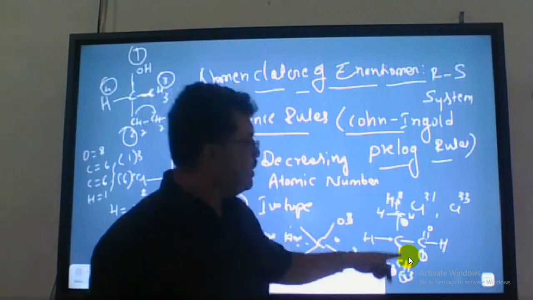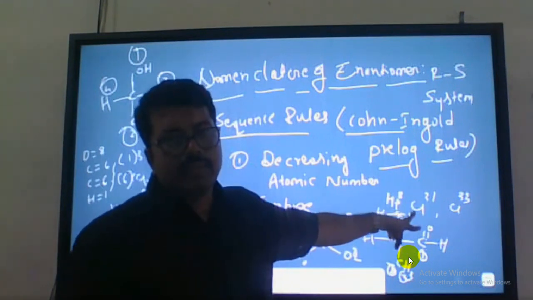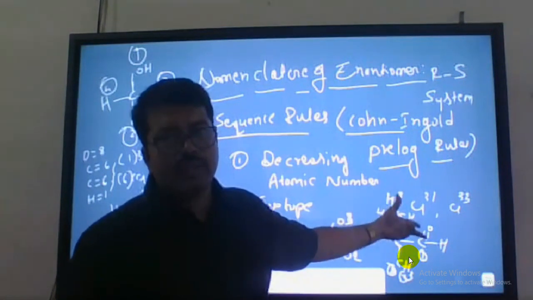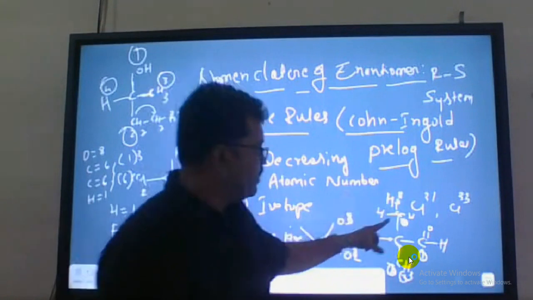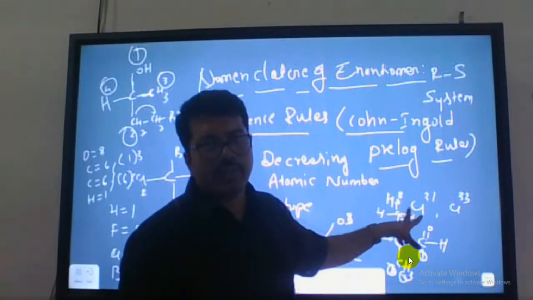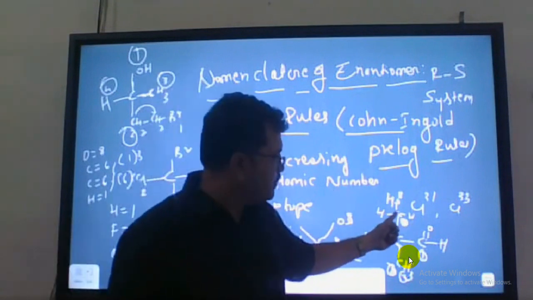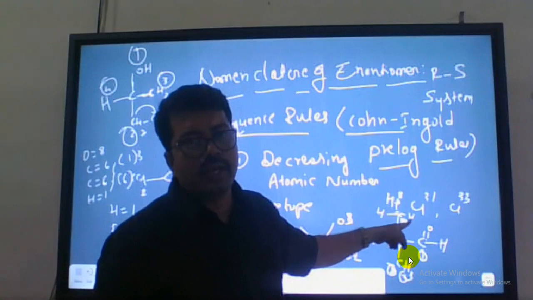If the double bond is there, we have to split into 2. Split for an atom or a group attached by the same kind of atom. So methyl and ethyl groups are both attached by the same kind of atom. For atom or group attached by the same kind of atom, the next atoms are considered, and the process continues until the decision can be made.